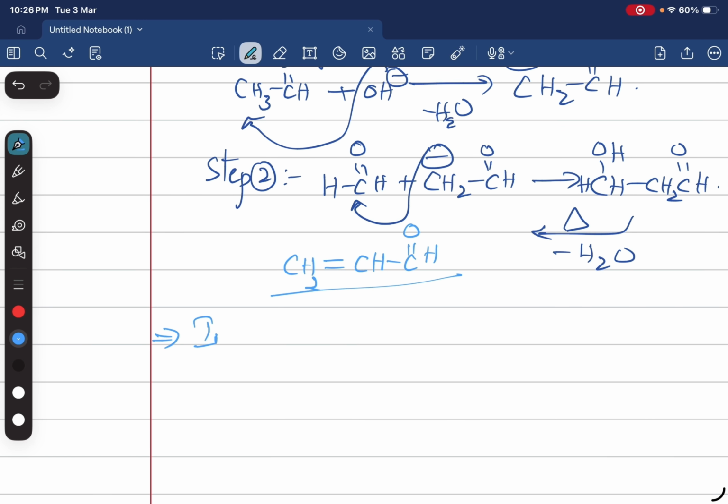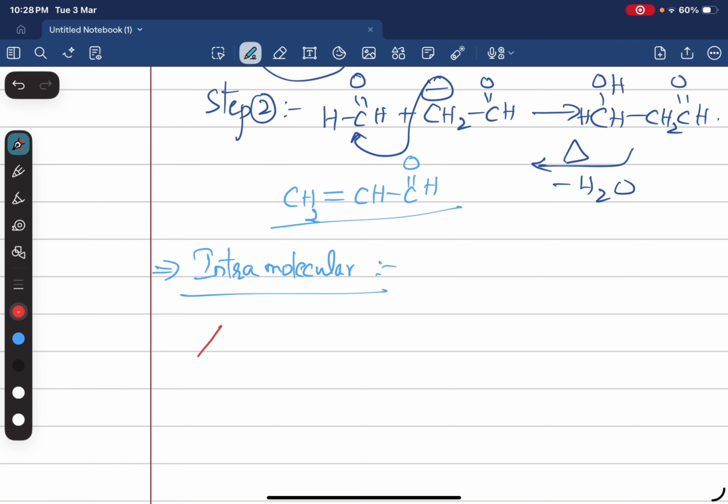Now coming to intramolecular aldol condensation. Intramolecular means the reaction happens within the molecule, in the same molecule where 2 carbonyl groups are present.